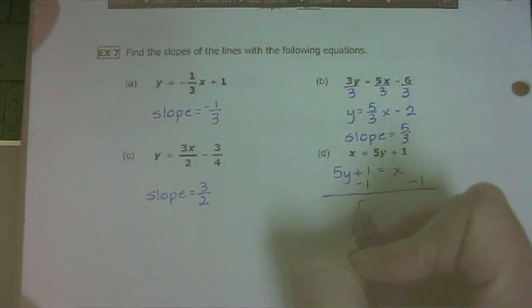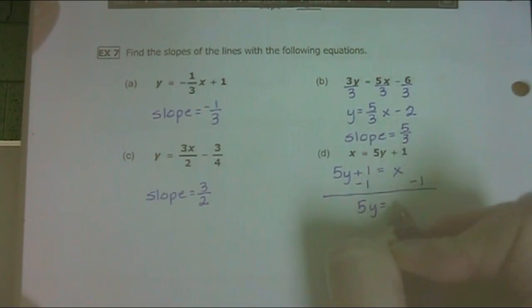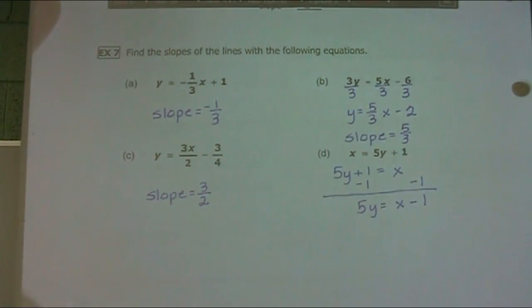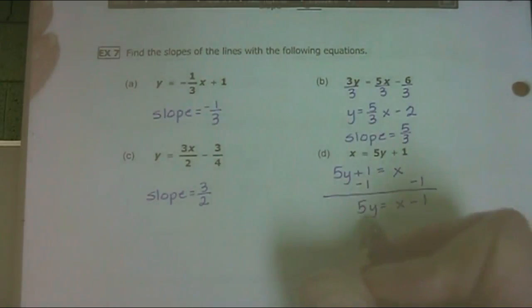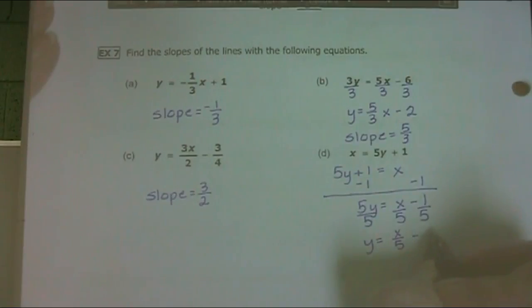I have 5y equals x minus 1. And I still don't have this in perfect slope-intercept form because I have a 5 in front of my y. So I need to divide everything by 5. And I have y equals x over 5 minus 1/5.